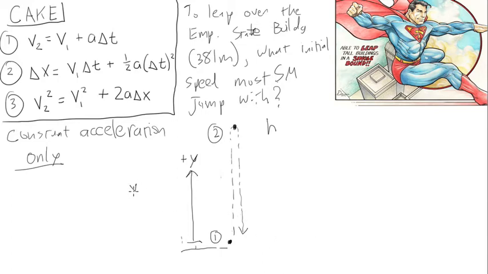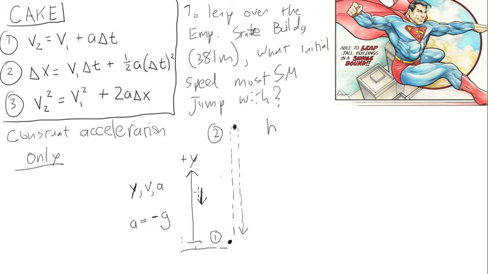Position, velocity, and acceleration are the three variables that are important at any given point in time. First of all, my acceleration here is constant because it's just the acceleration of gravity. This is what's called a free fall problem. So I can write a equals negative g because gravity is pointing downwards.